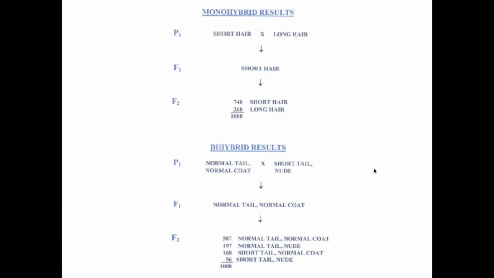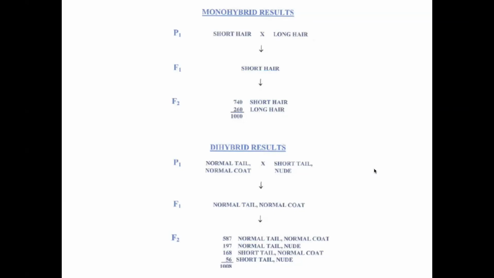One of the problems was that the interpretation is a little bit convoluted, where he's interpreting these ratios. He's talking about the concept of segregation and independent assortment, again, without any understanding of the nature of chromosomes, or an understanding of the process of meiosis and so on.